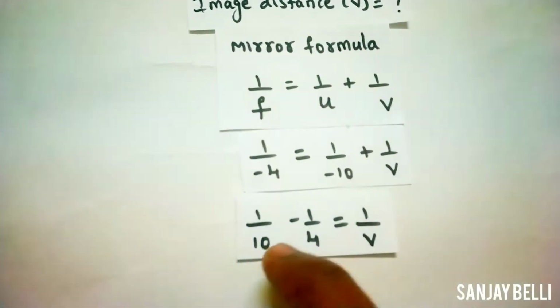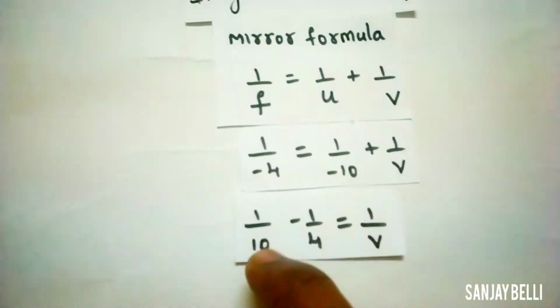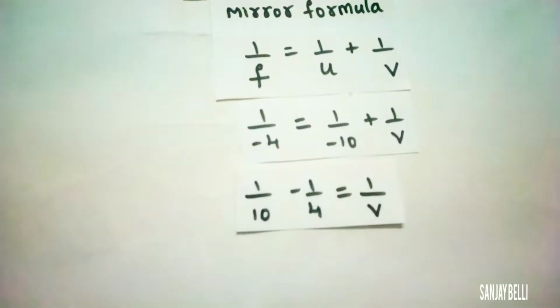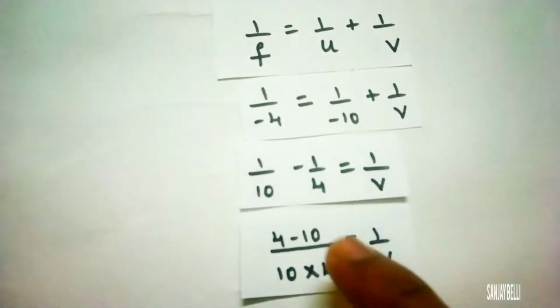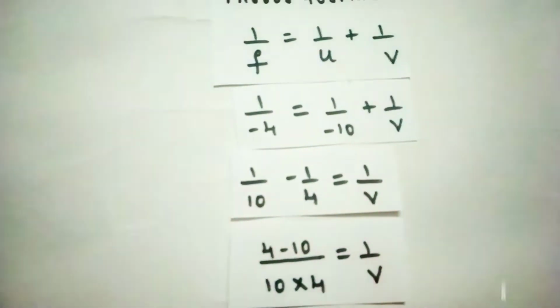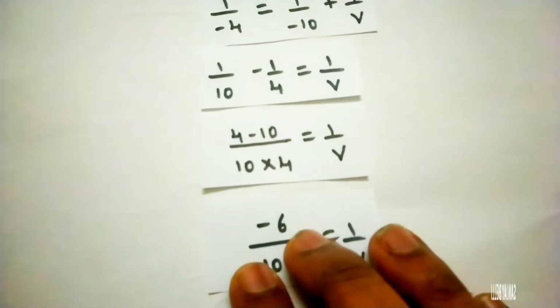I already said the simple method to do the LCM: the denominators should be multiplied, that is 10 into 4, and numerator 4 minus 10. So 4 minus 10 is minus 6.